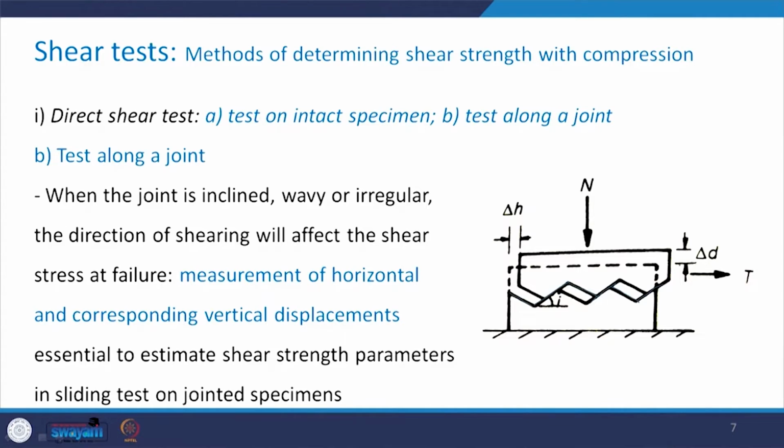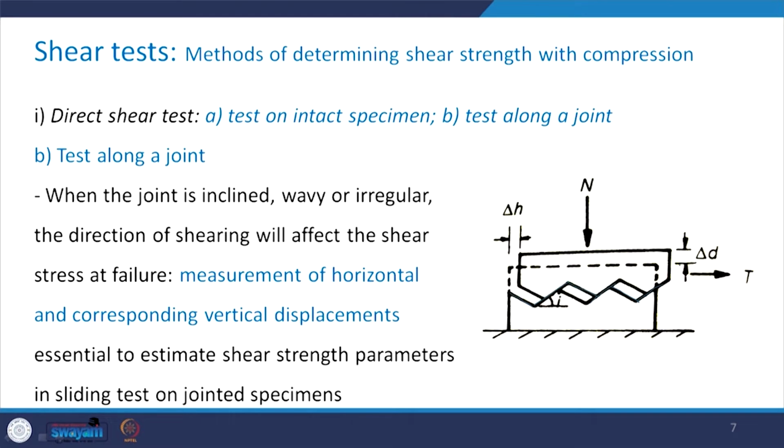So, in this case you see that it is wavy kind of a joint surface. That means that the joint surface has teeth. So, in that case it is important for us to measure the horizontal and the corresponding vertical displacement.